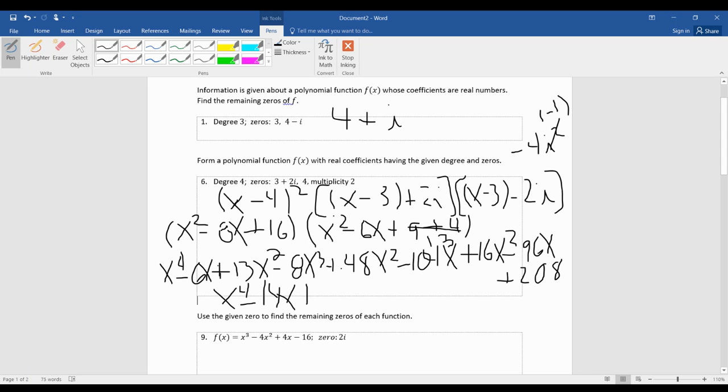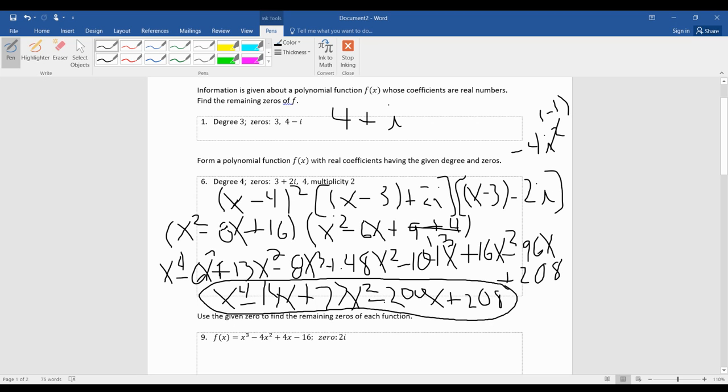So we have 77x squared. And then our x's, we have negative 104 and negative 96, which gives us negative 200x. And then we add our constant term of plus 208 to get our final answer.